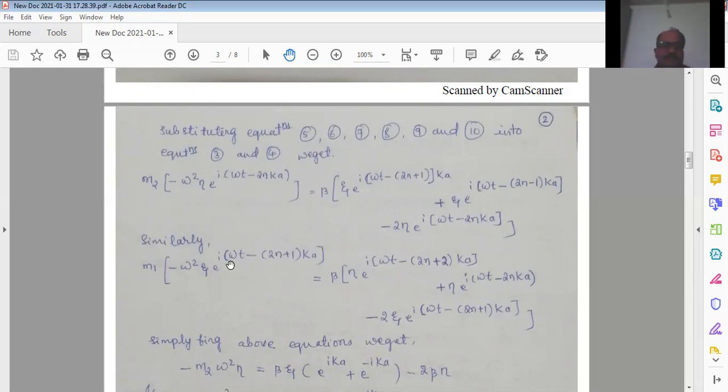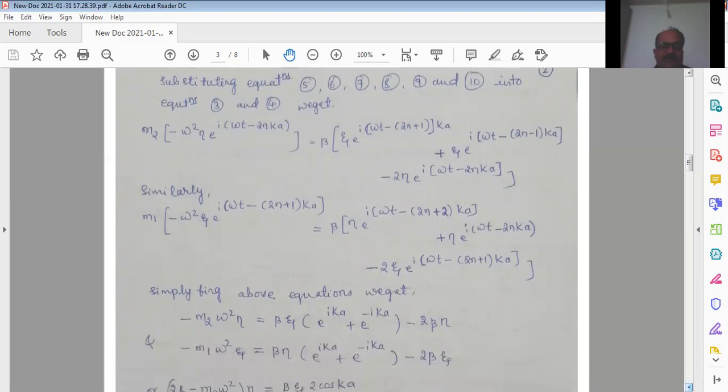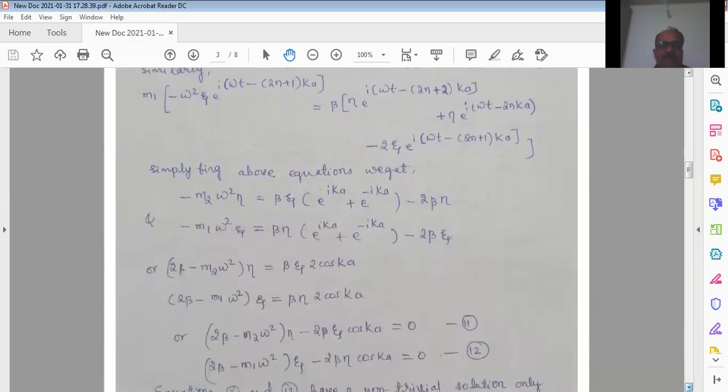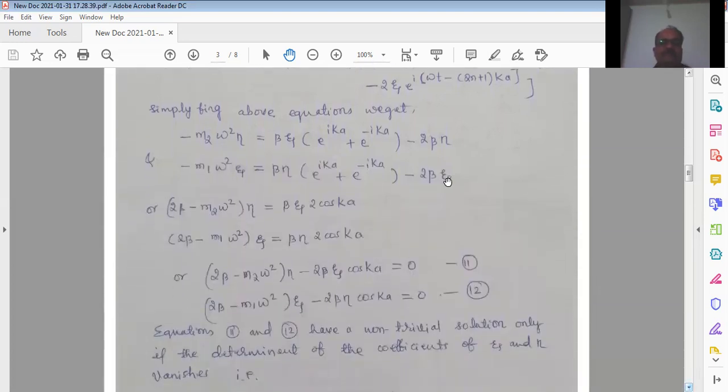Similarly, in this equation also this term is cancelled from here and here. So you simplify that and you get these two equations. These are the two equations obtained after simplification of the above two equations.